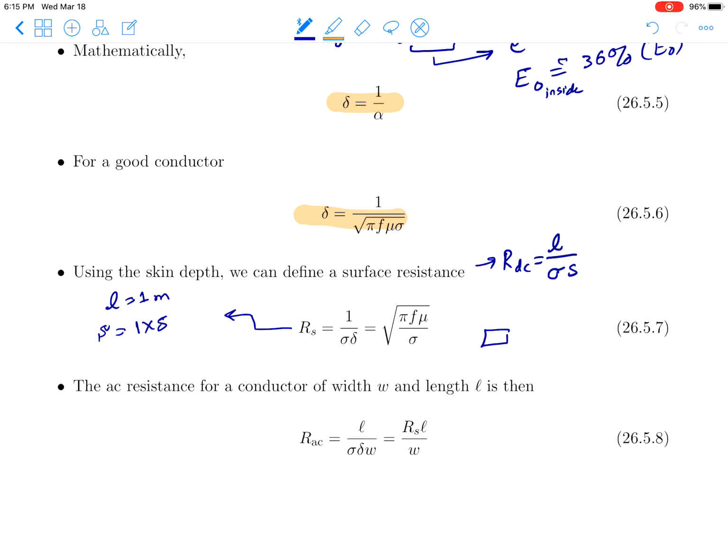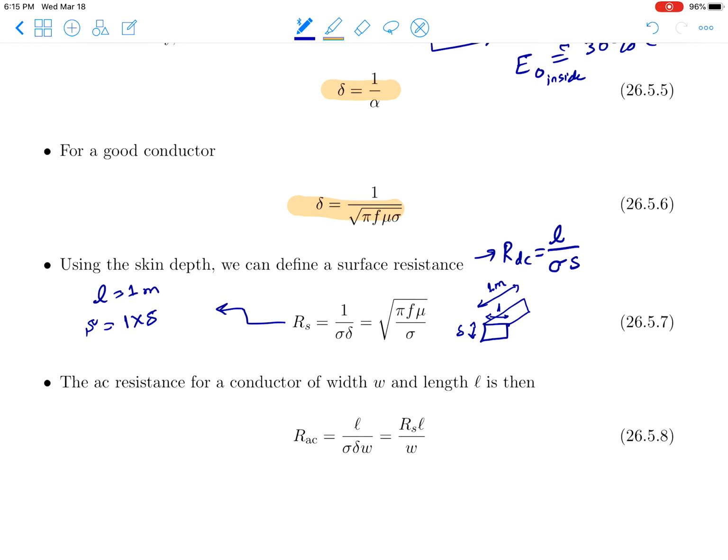In other words, imagine that you have the following surface. This one is the penetration depth, this is 1, and this is the length of 1 meter.